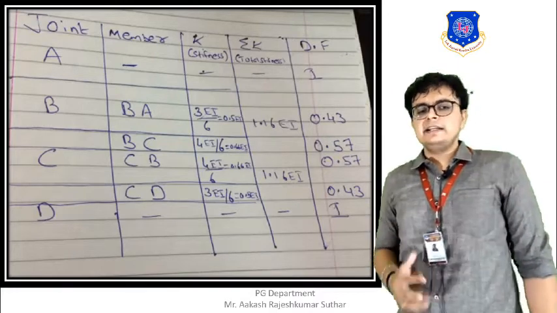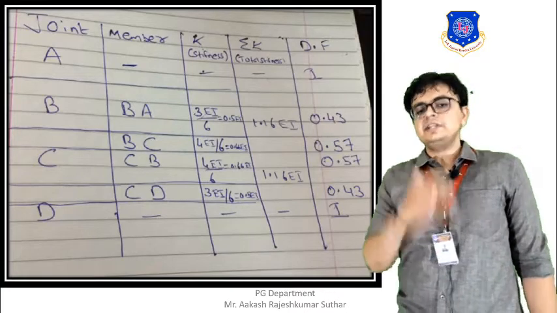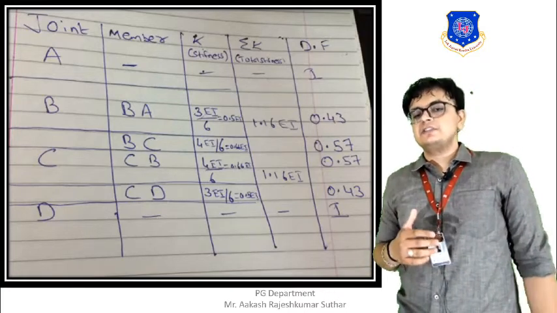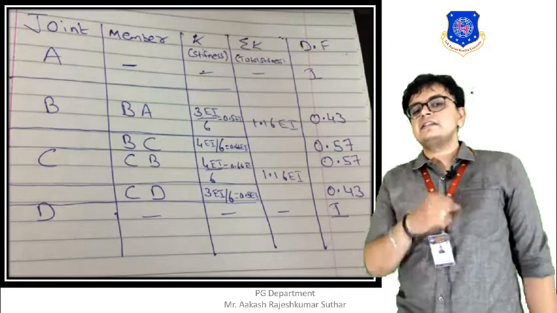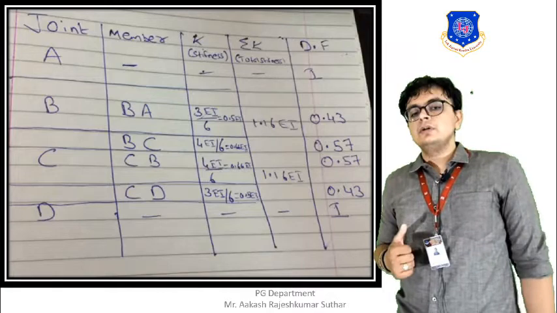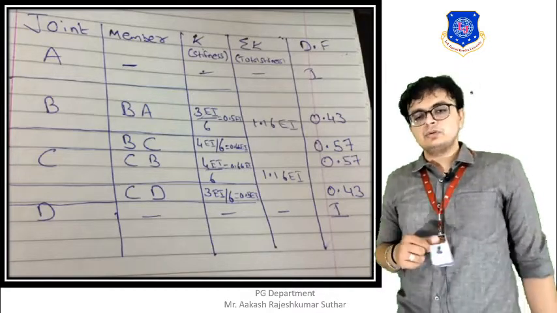Similarly, at joint C, for CB we have 0.66 stiffness and the total is 1.16. So the distribution factor for CB will be equal to 0.66 by 1.16 EI, and it will be 0.57.